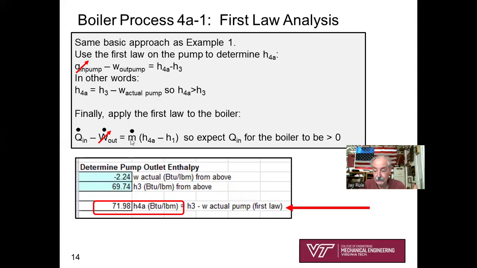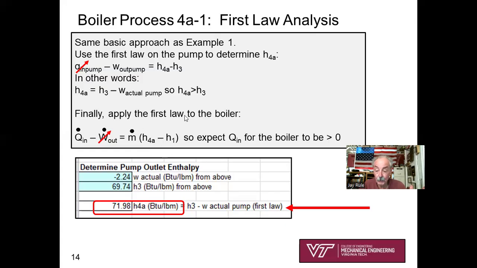It is m dot times H4 actual minus H1. Now, that is not right. That is a typo, isn't it? I have swapped my inlet and outlet enthalpy. So don't blindly copy down what I have on the slide.